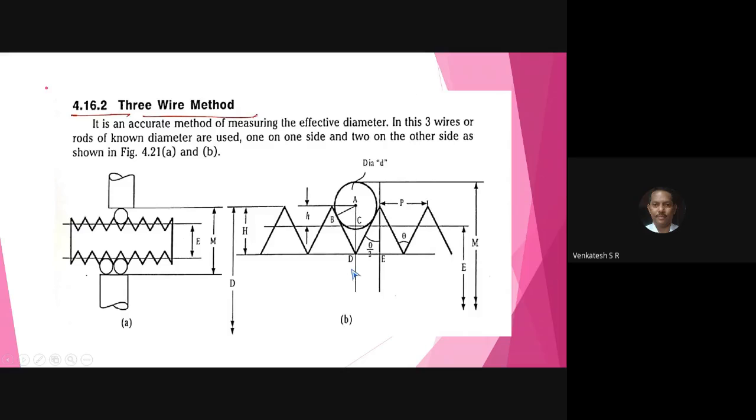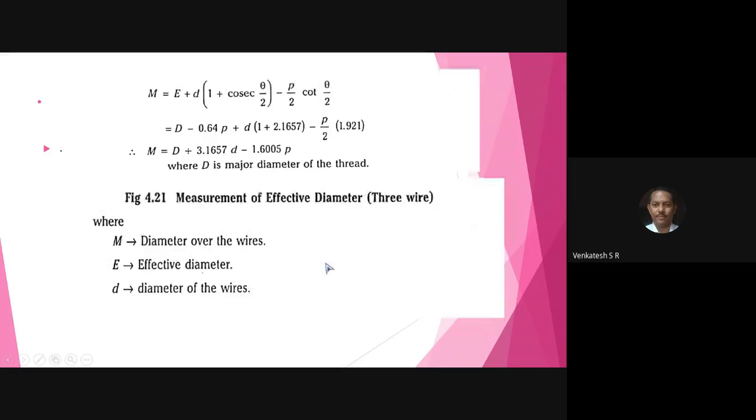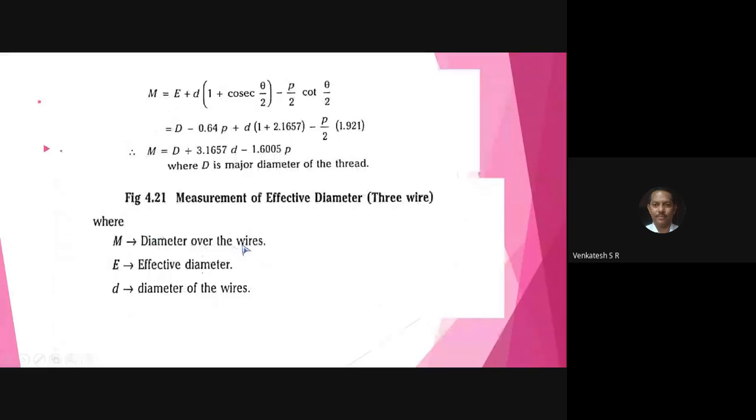This is required for derivation. All of you observe here, this is the small derivation. M is the diameter over the wires, E is the effective diameter, d is the diameter of the wires. Then for metric thread, you have the equation for M, the diameter over the wires.